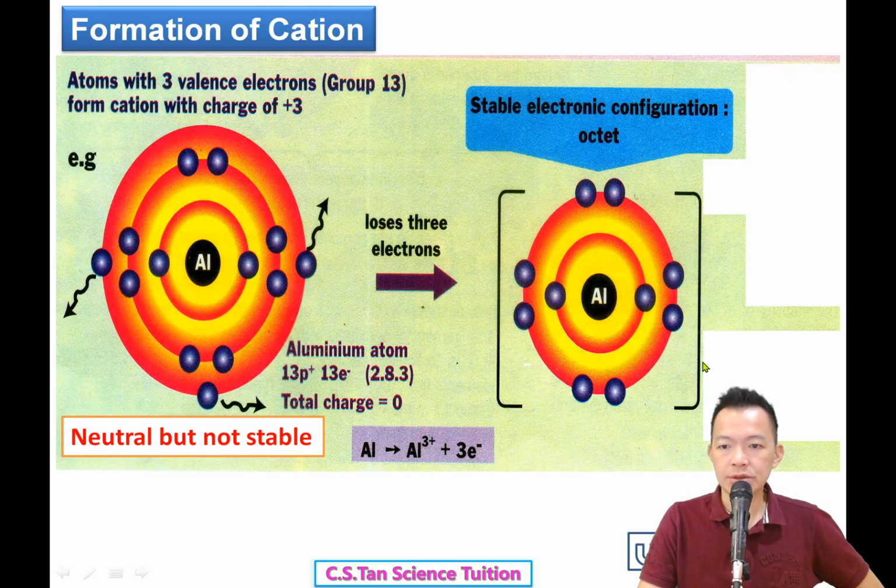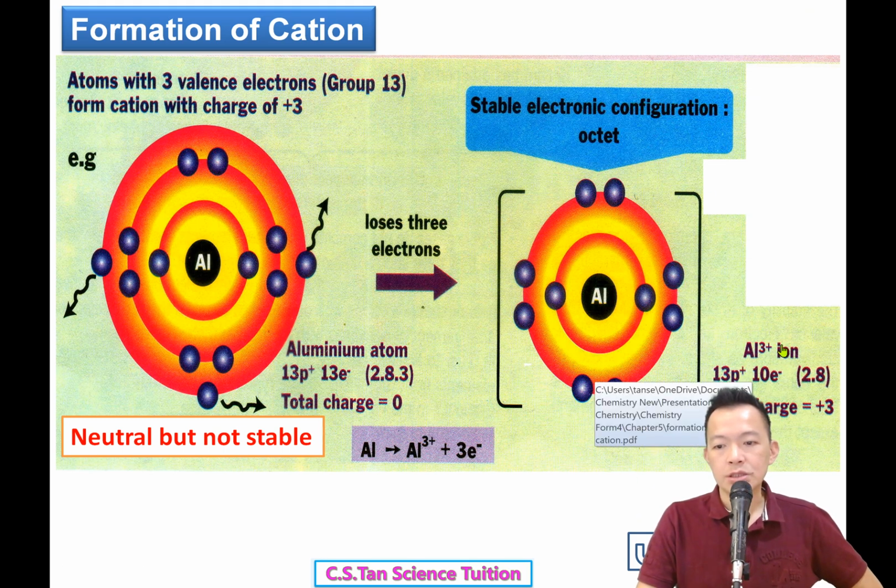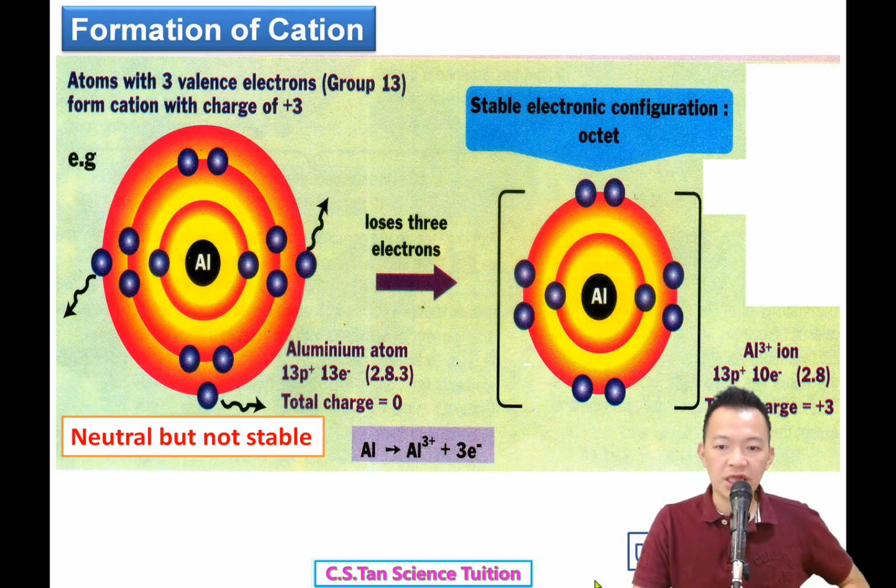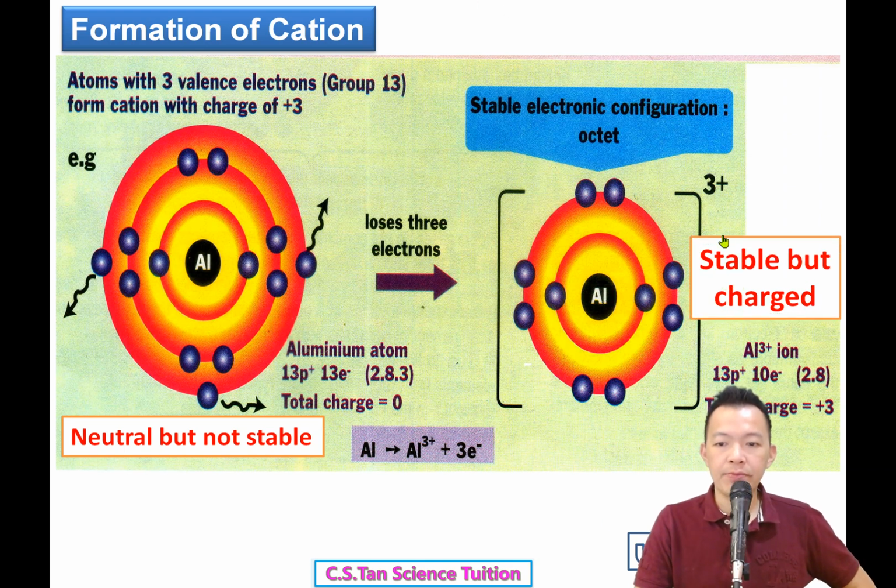Okay, so now what happened to the aluminium? Aluminium 现在又有什么事情发生了？Aluminium ion will be formed, made up of 13 proton and 10 electrons. 13粒的 proton，10粒的 electron。So aluminium becomes ion, proton more than electron 超过3粒，所以它的价是3加。不可以写加3，一定要写3加。So aluminium now becomes stable.